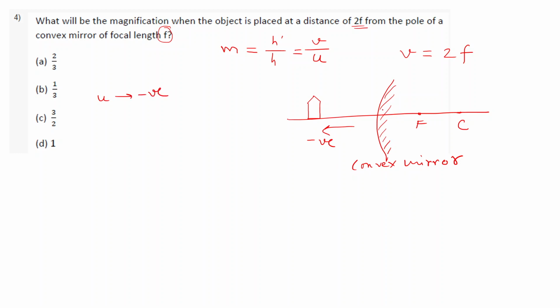Then a convex mirror always forms a virtual image, that means on the other side. That means the image distance will be positive and the focal length will be negative, because from the mirror formula you know that 1 over f is equal to 1 over u plus 1 over v. So if one of these values is negative and another is positive, the focal length will ultimately have a negative sign.